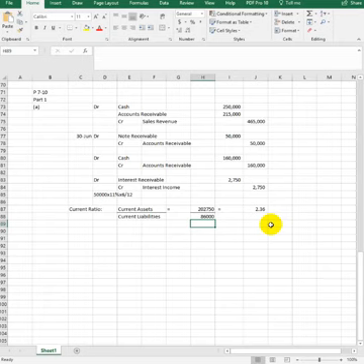Okay, that's not quite the number I'm looking for here. We have 15,000 for cash. We have 80,000 for the inventory. We have 2750 for interest receivable. We have 50,000 for the note receivable, and we have accounts receivable of 45,000. 215, 160.